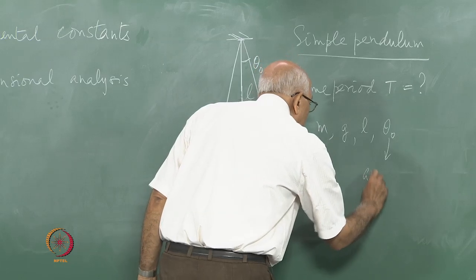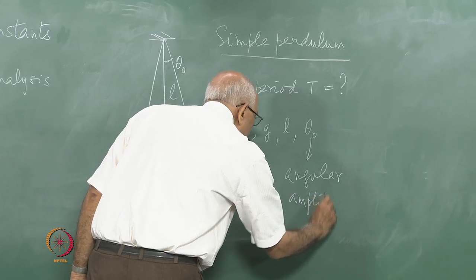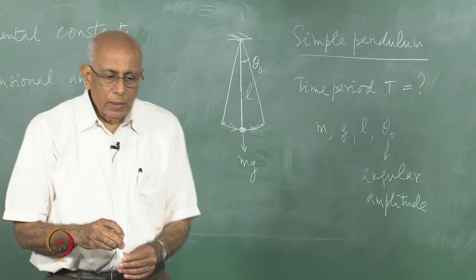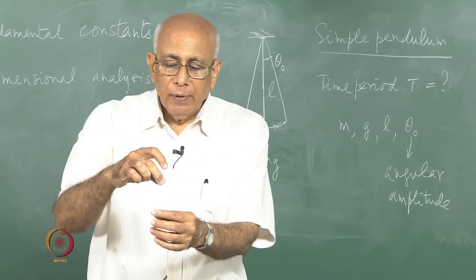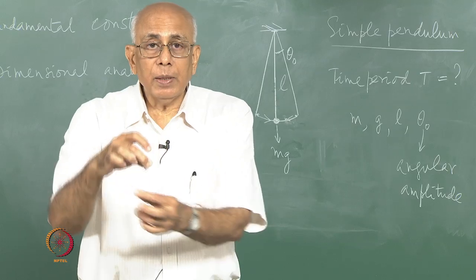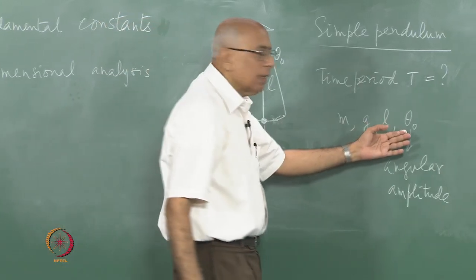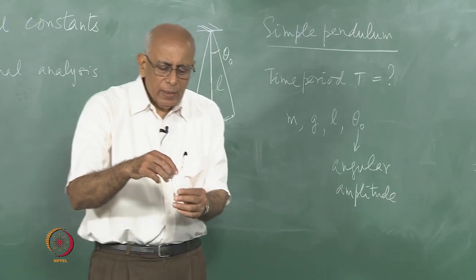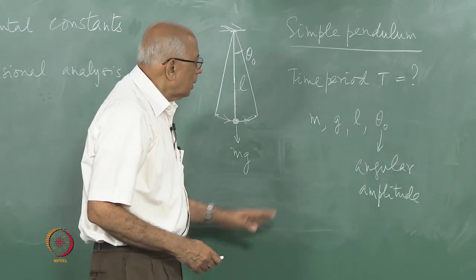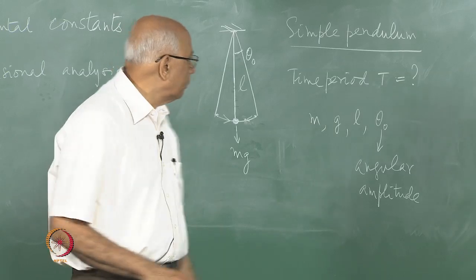So this is the angular amplitude, some given angular amplitude. Certainly I expect physically that if I take this bob and oscillate it with one amplitude, and then I oscillate it with a different amplitude, there is no reason why the time period should be the same, and therefore there should be some dependence on theta naught. My first guess would be to say the larger the amplitude, the longer it takes, the time period. So therefore I would say that there is some dependence on theta naught which is to be discovered as yet.